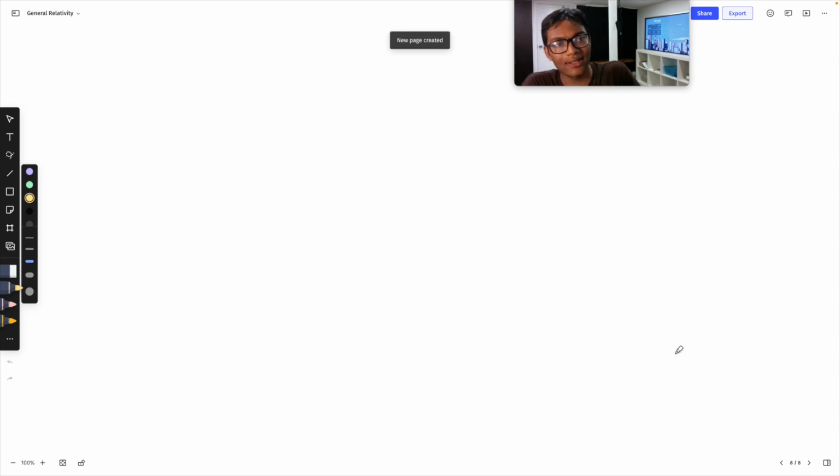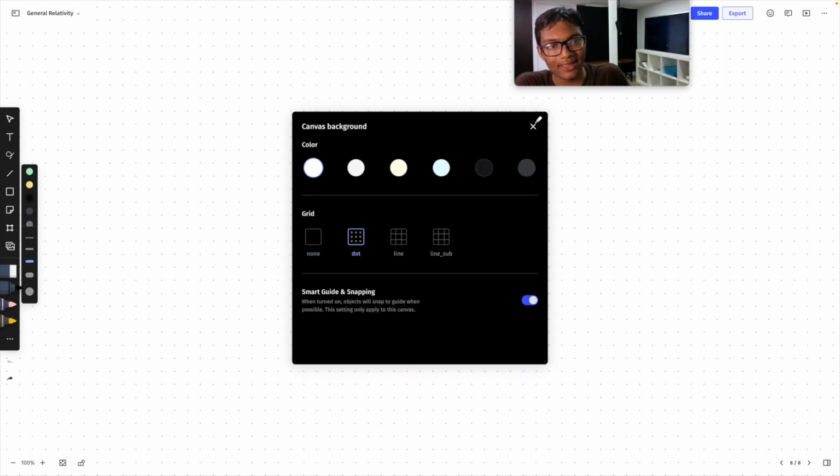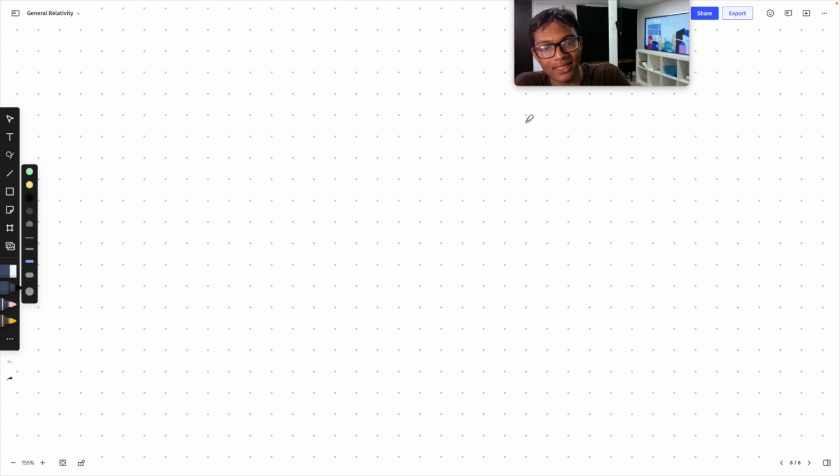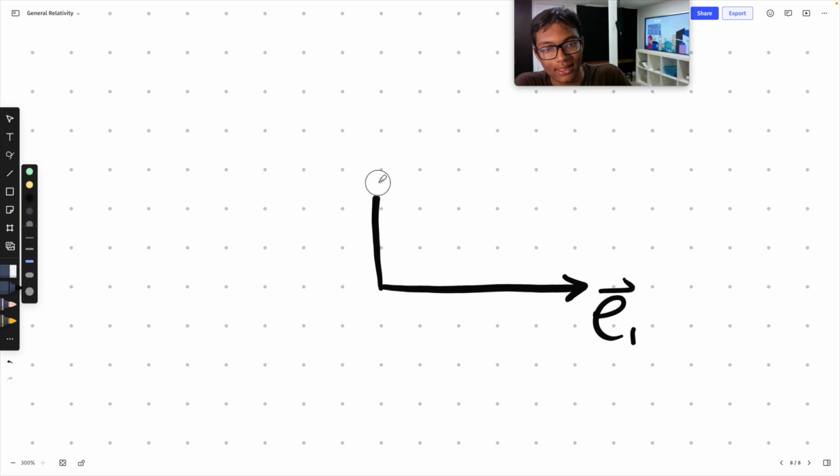Well, let's take a look at first a very simple example. Before we even get to coordinate systems, let me just put some dotted lines in the background. And let's say that you have some original basis vectors on these dotted lines: e sub 1 and e sub 2.